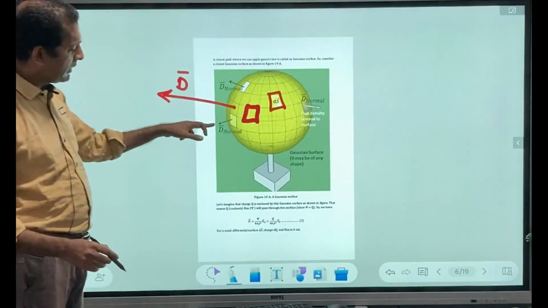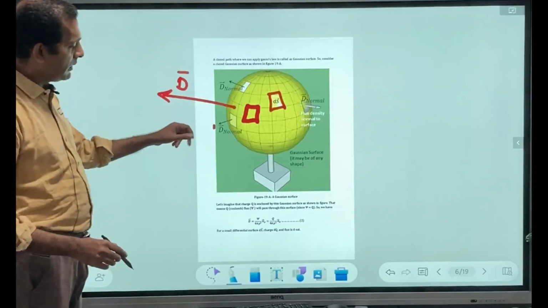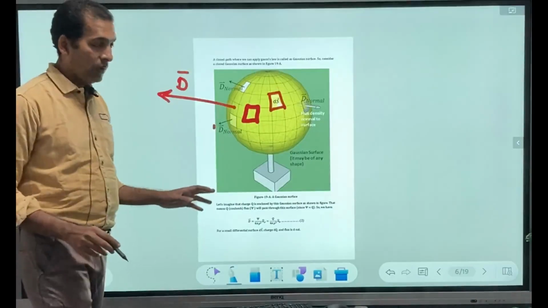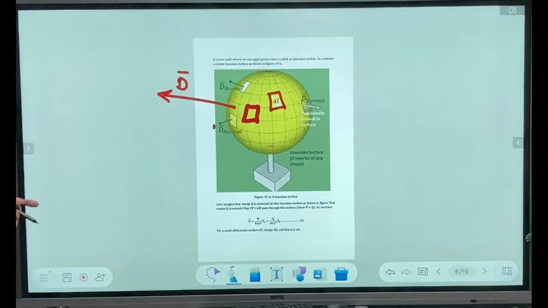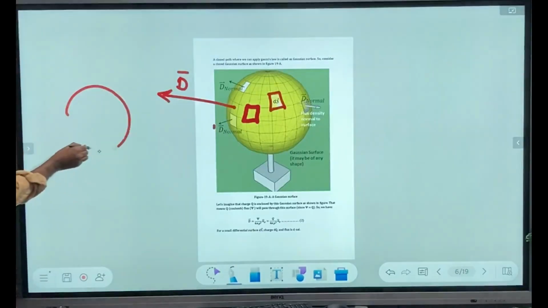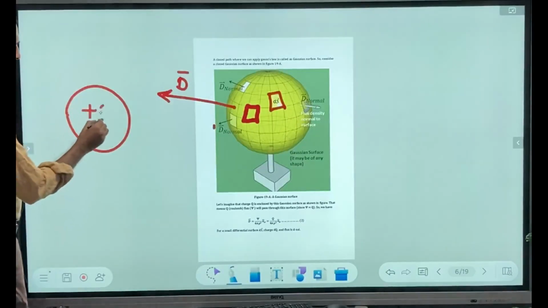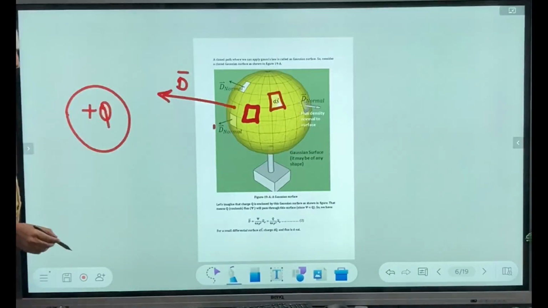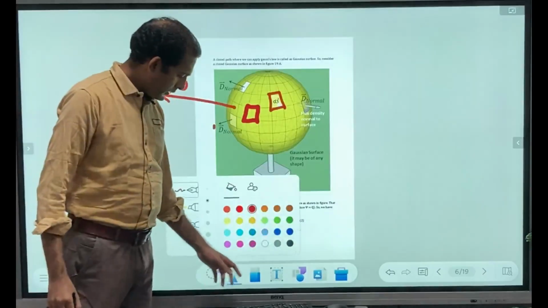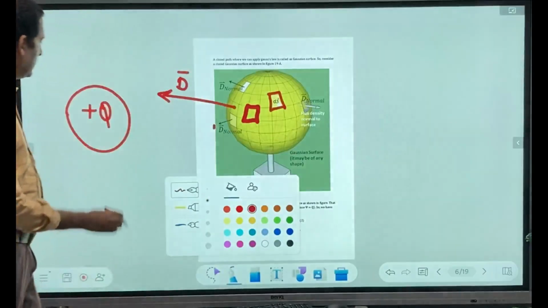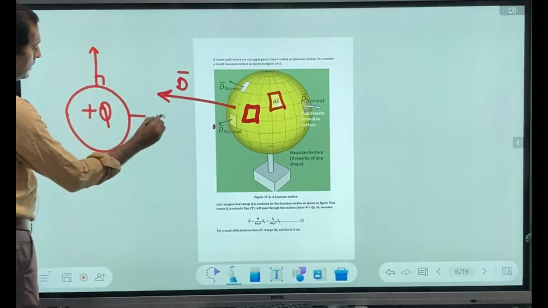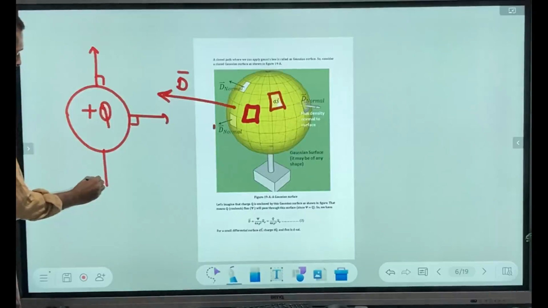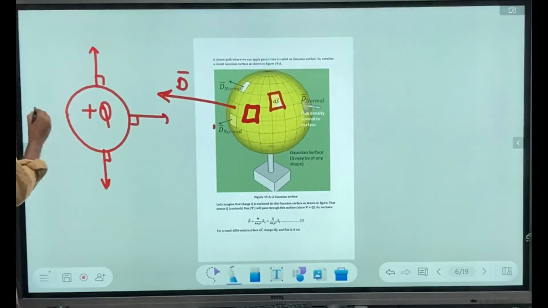But if we consider electric field intensity, it will always be perpendicular to the surface of the source charge, for example. So if we have a positive charge, then for positive charge the electric field intensity will be always perpendicular to the surface, that is normal to the surface.